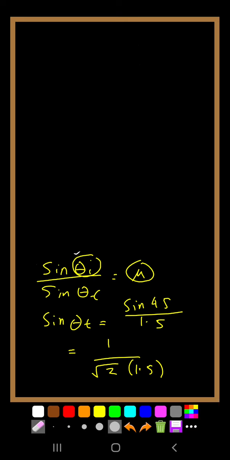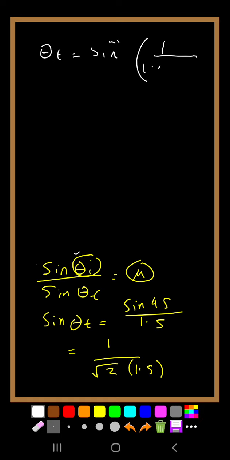So we take the sine inverse, theta t is equal to sine inverse of 1 by 1.5 into root 2, and that turns out to be equal to 28.1 degrees.